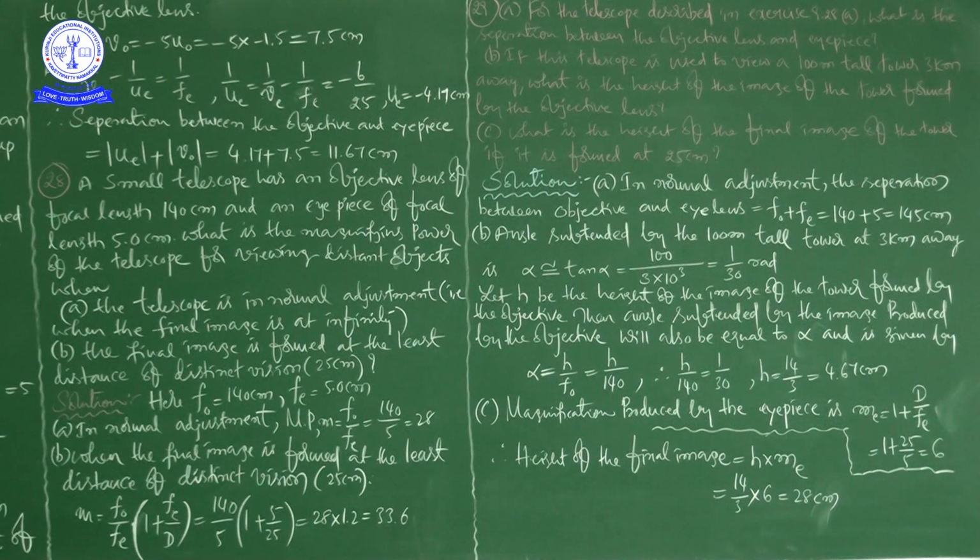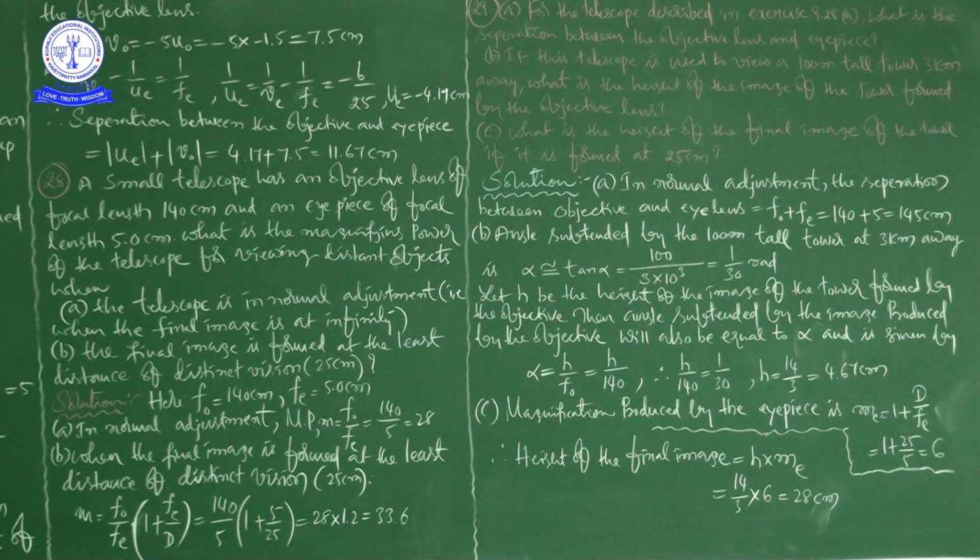In this class, we concentrated on three exercise problems, 27, 28 and 29. In the 27th problem, we found the separation between the objective and eyepiece, which is equal to modulus of u_e plus modulus of v_0, based on the given m, f_0 and f_e.